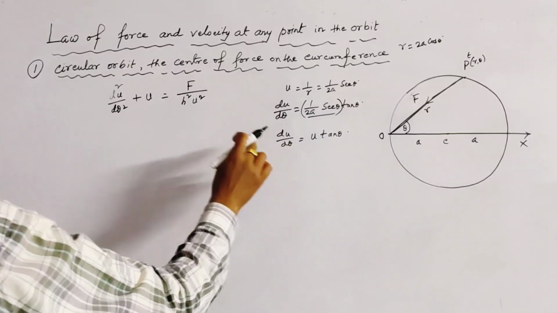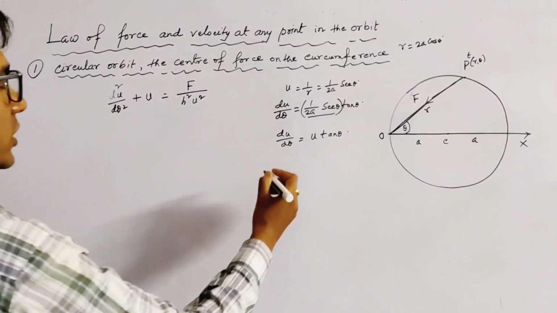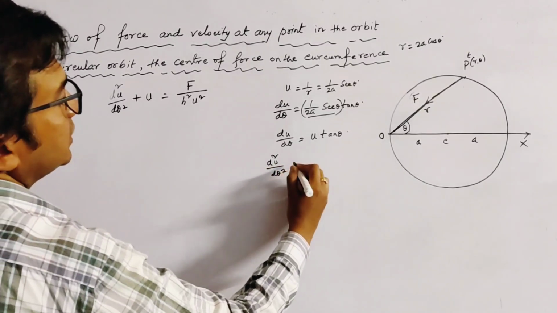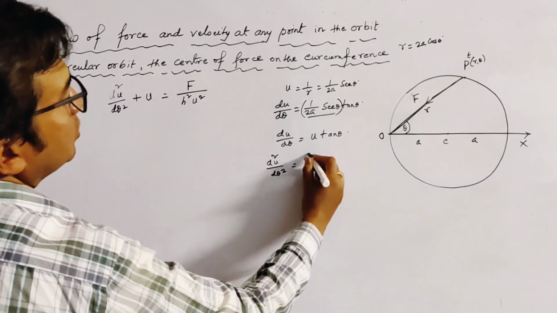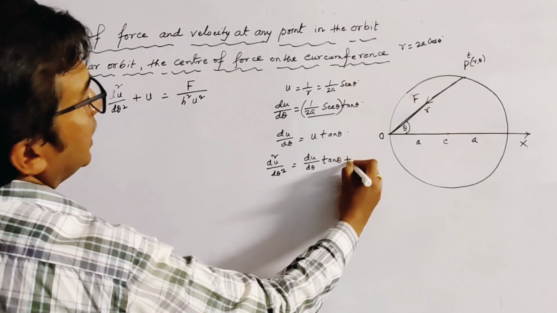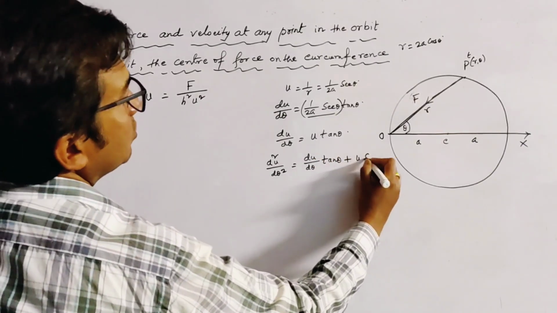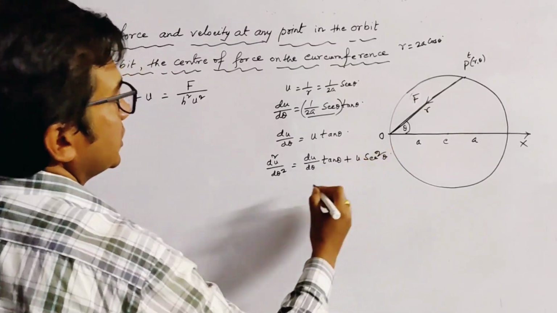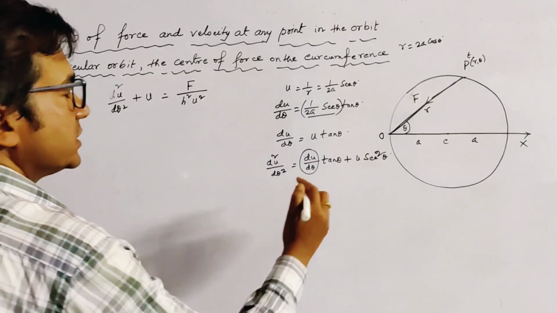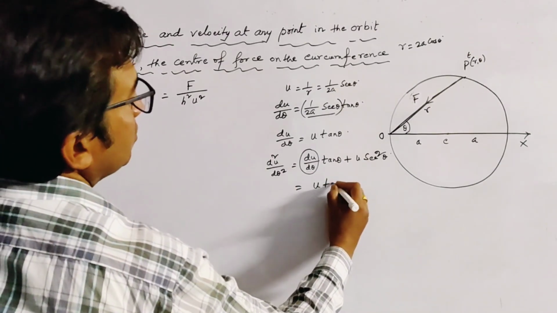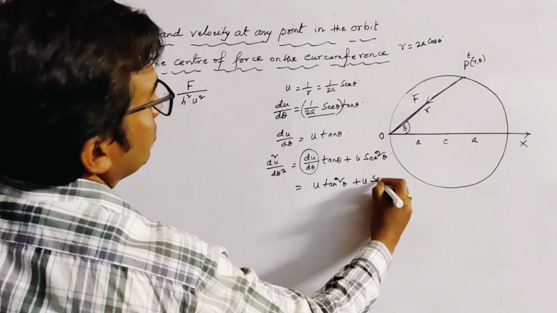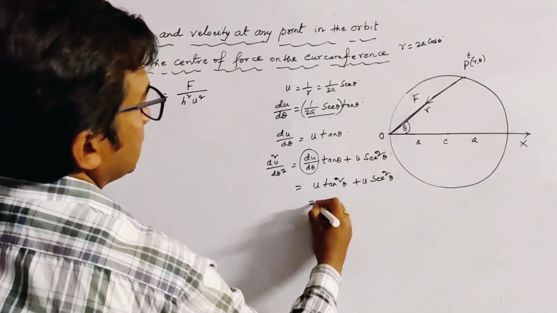Now we find d2u by d theta squared, and we get d2u by d theta squared equal to du by d theta into tan theta plus u sec squared theta, and we put again du by d theta equal to u tan theta, so u tan squared theta plus u sec squared theta.